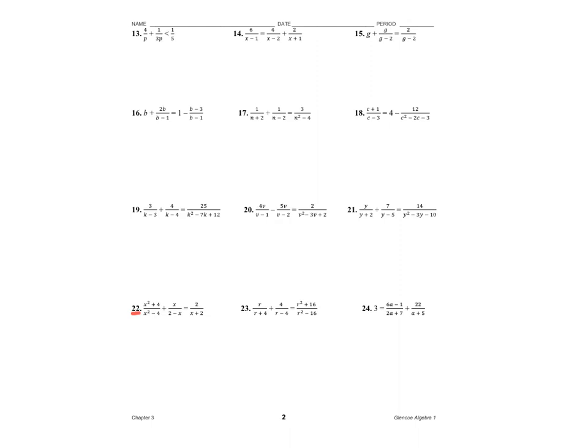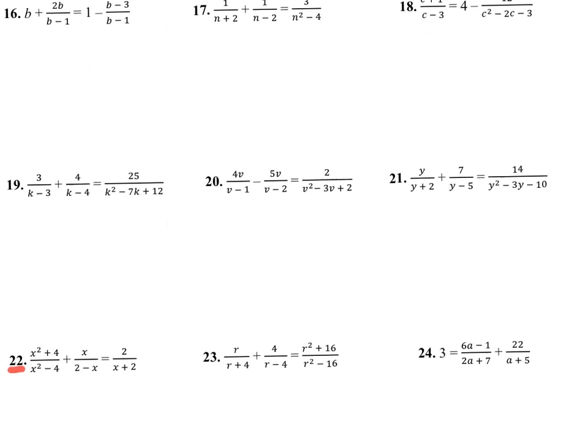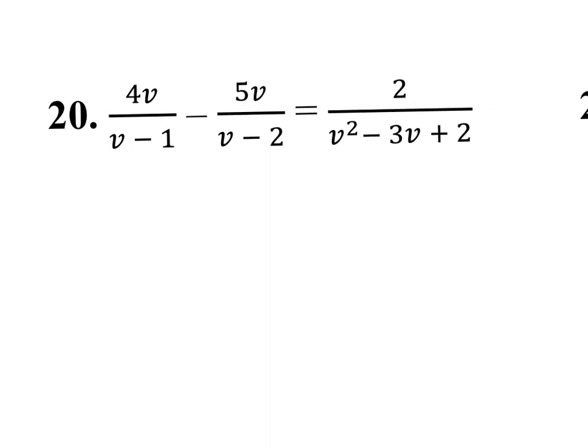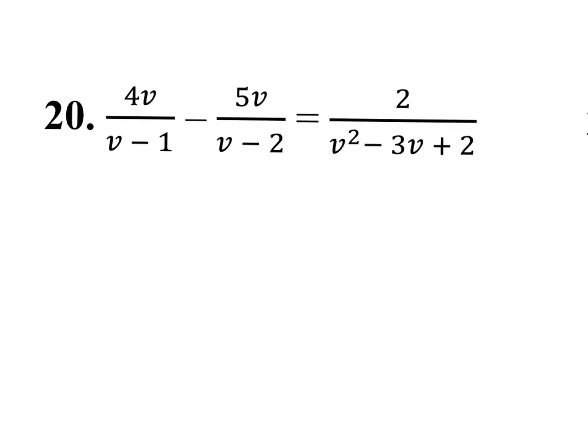Let's take a look at the back side. And I might as well go to one of the more entertaining ones like 19, 20, 21, 22. You see, 20, for example, right here, it would be a good idea, like I said, to start all of these by factoring your denominators, right?